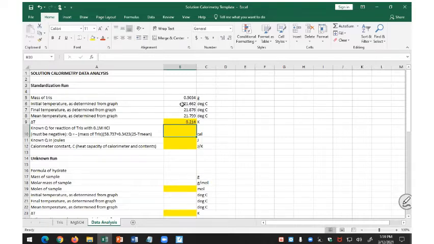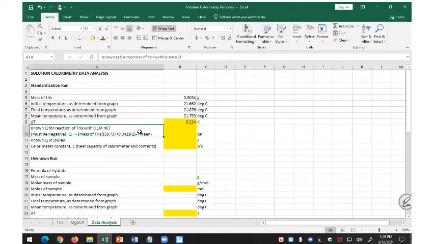Now, for the standard run, if you look at the manual for your solution calorimeter, it tells you what the formula is for the Q, the known Q. Remember, when you do a standard run, you know what Q to expect.